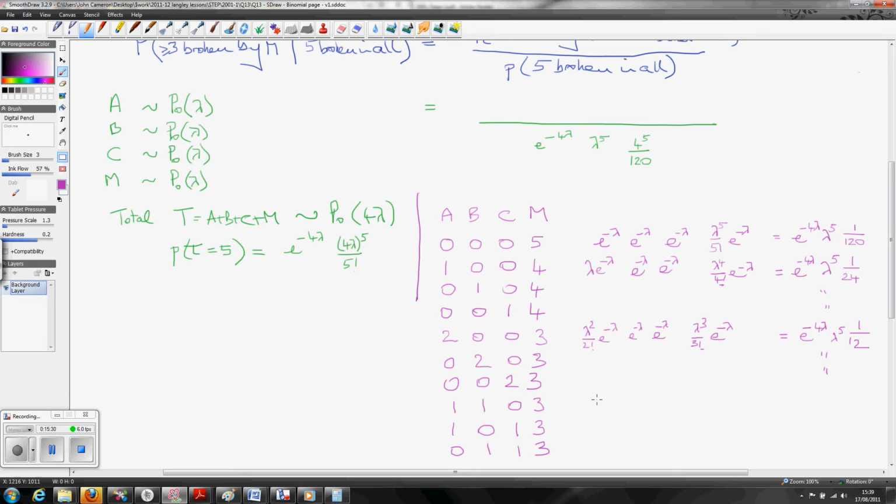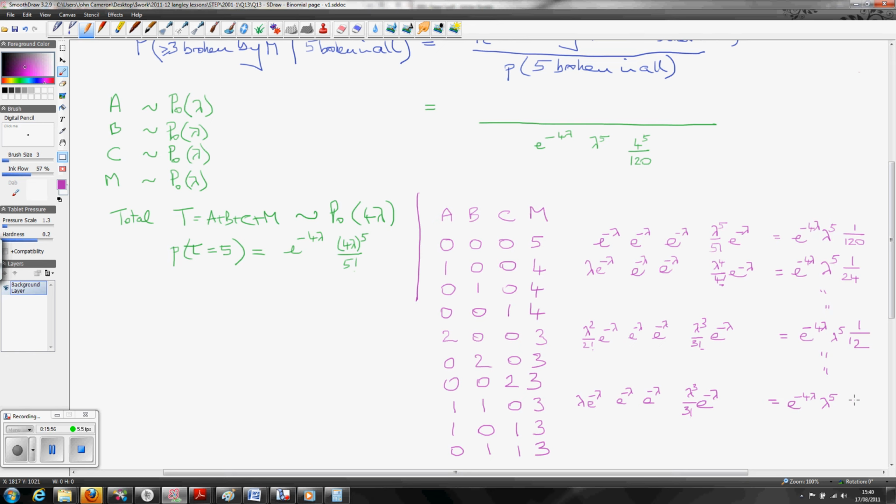So this is a 1103. So let me, quick as I can, e to the minus lambda, e to the minus lambda, e to the minus lambda, that's C, and then it's lambda 3 over 3 factorial, e to the minus lambda, and if you multiply those together, it's e to the minus 4 lambda, lambda to the 5, as it is in every term.